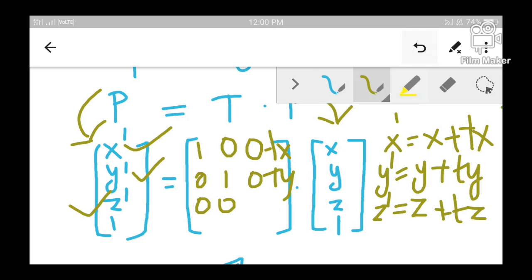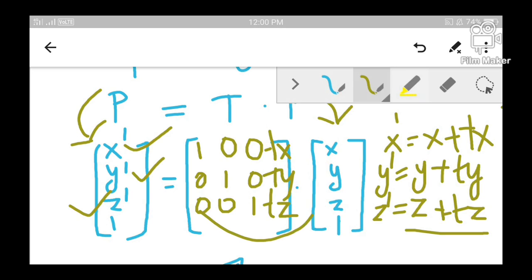Okay, let us find it. Since in this equation there are no x and y parameters, both x and y positions will have zeros in them. Now the value of z dash is z plus tz. So I am putting a 1 over here and putting a tz over here. Let us multiply now.